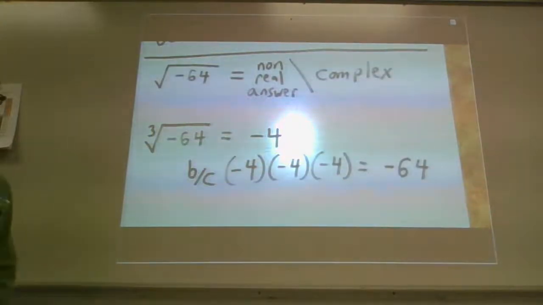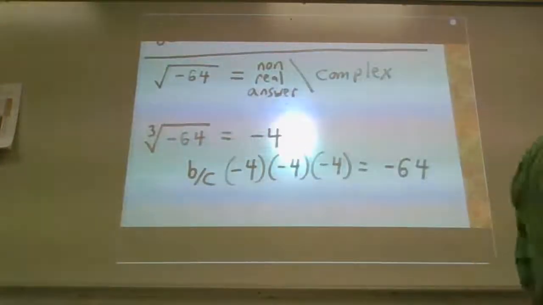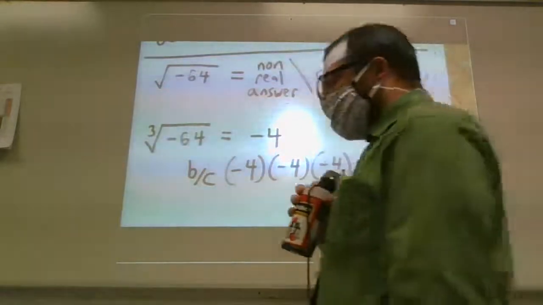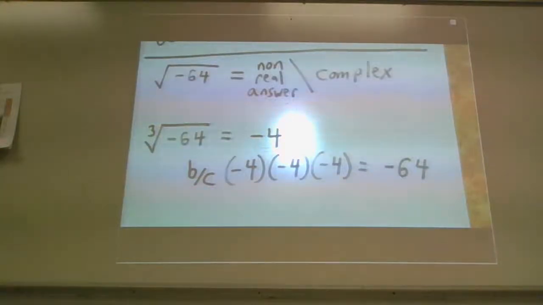When you take even roots, meaning square roots, fourth roots, sixth roots, if you take an even root of a negative number, you get I. There's nothing you can do about that. But if you take an odd root, fair game. You're allowed to. Perfect. For this reason. It's really strange, but I love it so much.